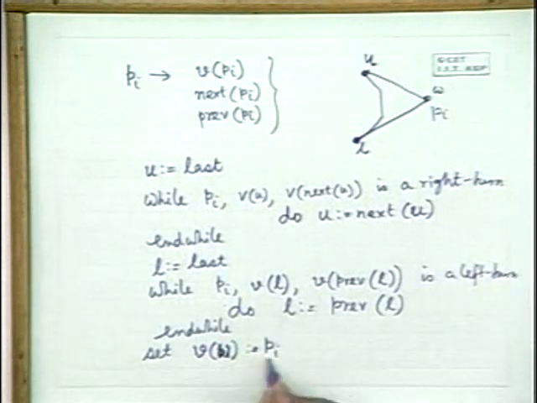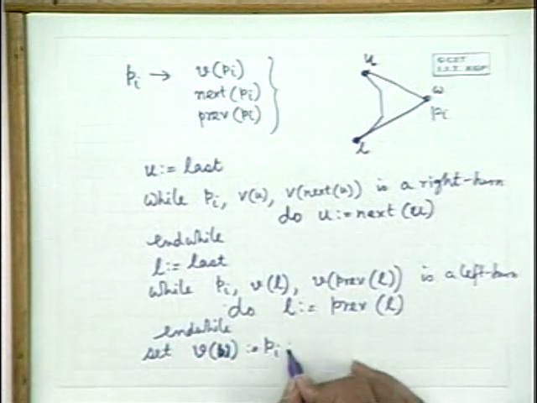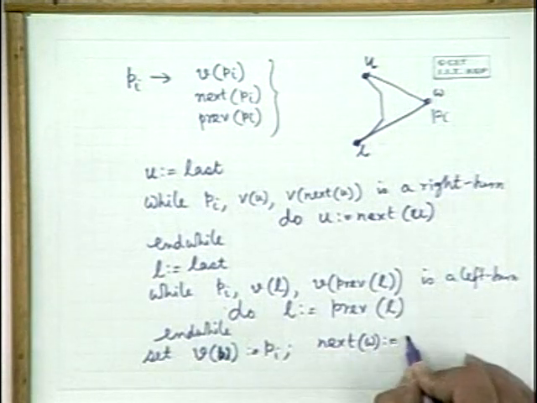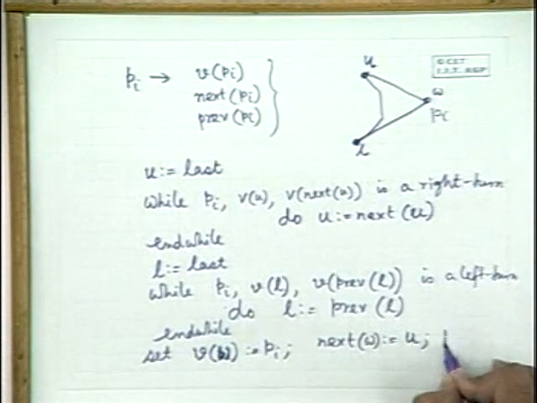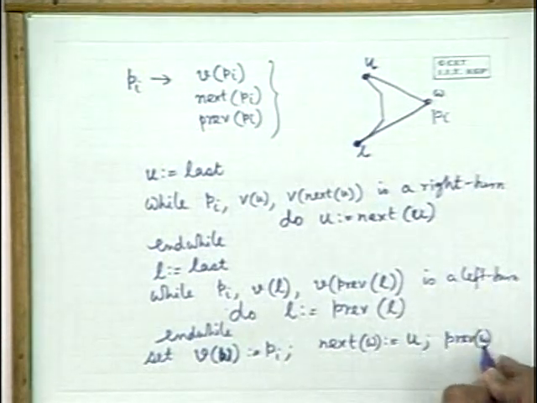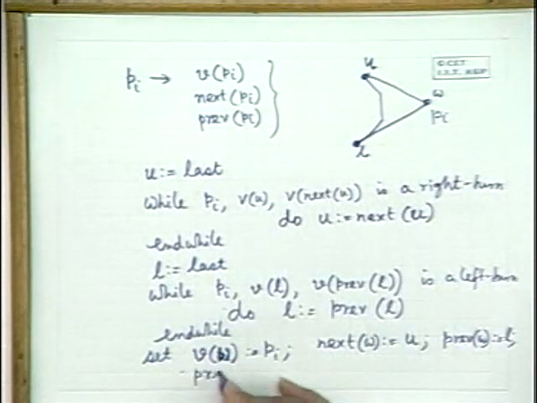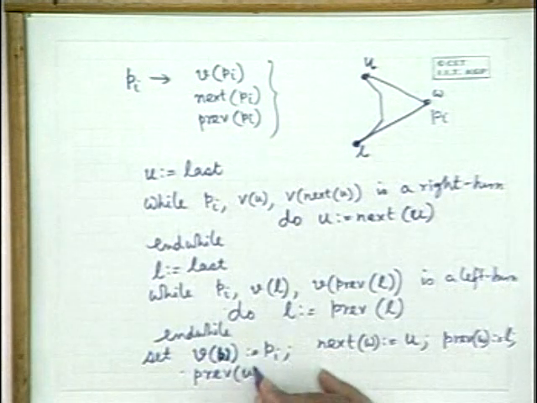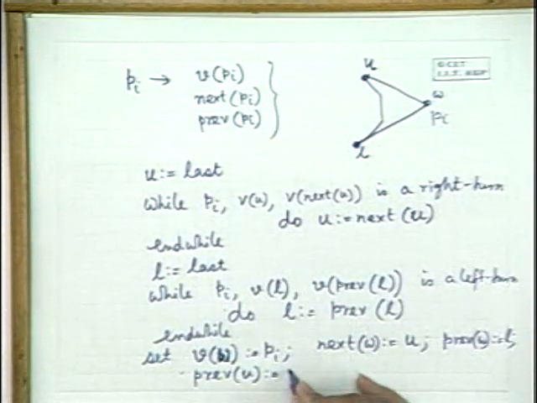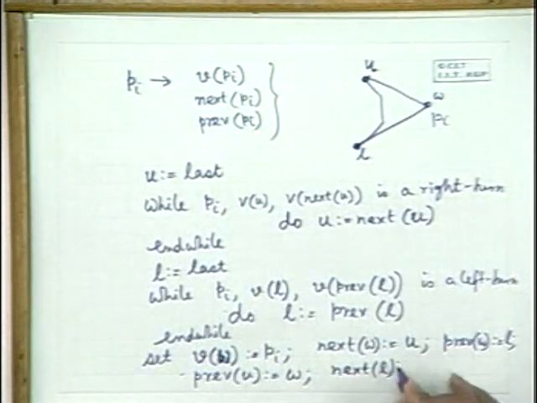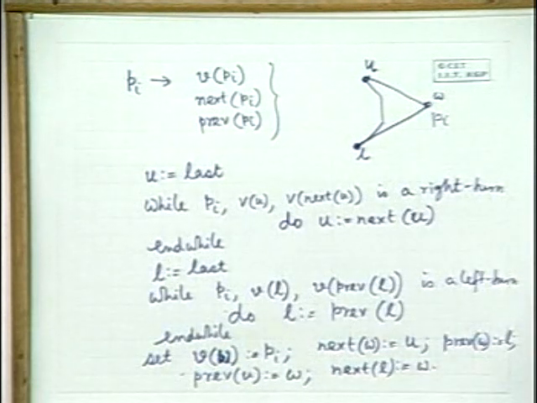So v of w is equal to pi. When I say pi, basically the x coordinates. You are just setting this x coordinates. Then you have to say next of w will be u, and prev of w will be L, and similarly you have to do prev of u is equal to w, and next of L is equal to w, and this will compute your convex hull.